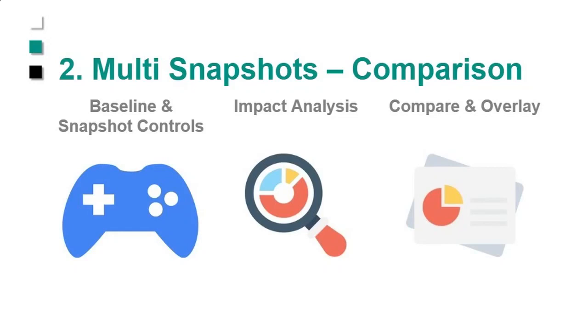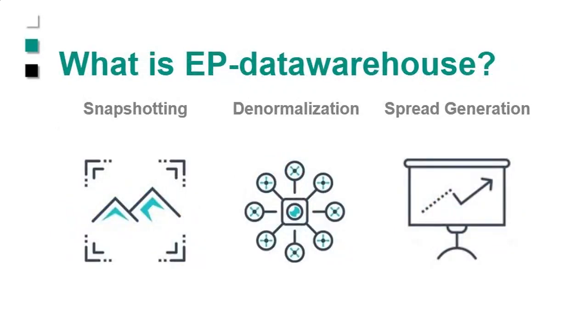And then, as I mentioned, those snapshots are taken out into our data warehouse. It's denormalized, and all that means is it's made simpler. Okay, so instead of hundreds of tables to work with, we have a lot less.